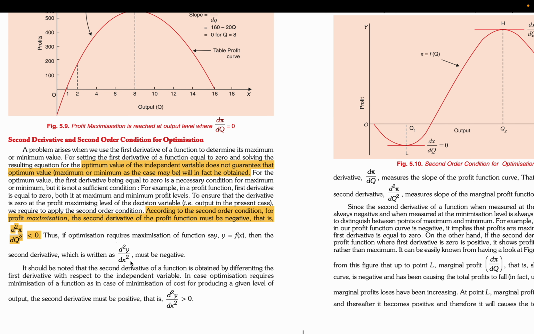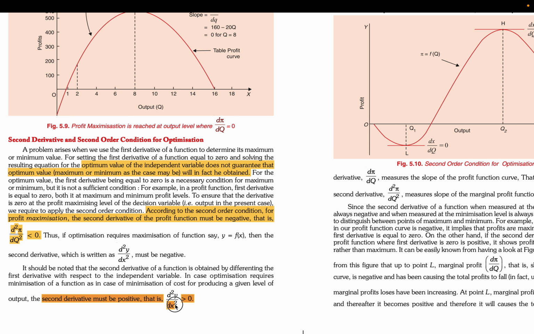d square y by dx square must be negative. It should be noted that the second derivative of a function is obtained by differentiating the first derivative with respect to the independent variable again. In case optimizing requires minimization of the function, as in the case of minimization of cost for producing a given level of output, then the second derivative must be positive.